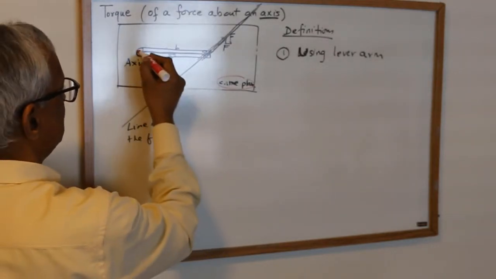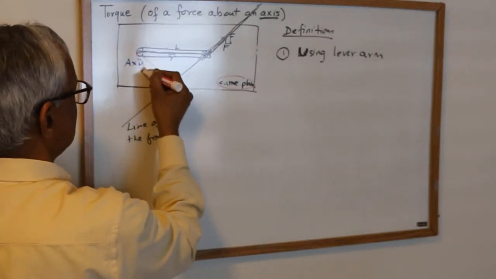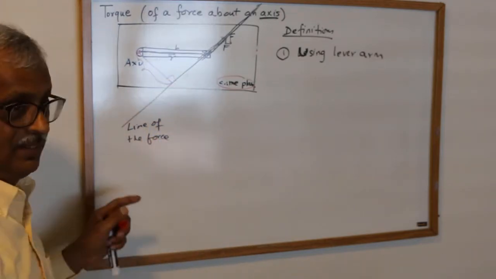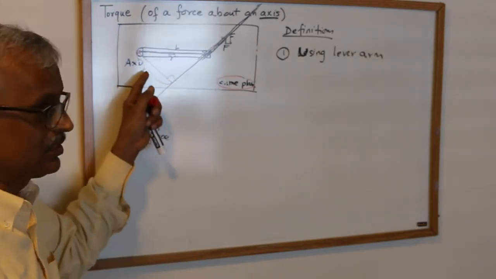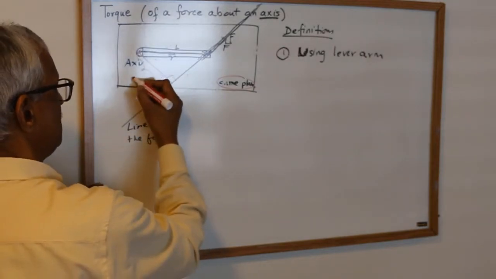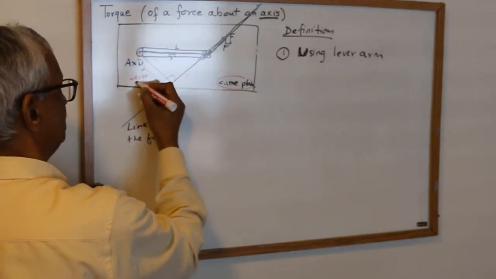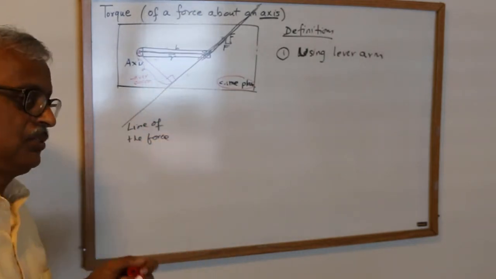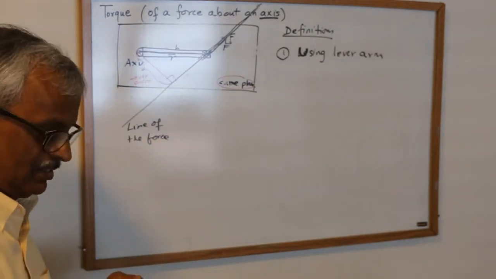So you can see that this distance I could compute using the geometry of the situation. This distance is called the lever arm. Each force will have its lever arm.